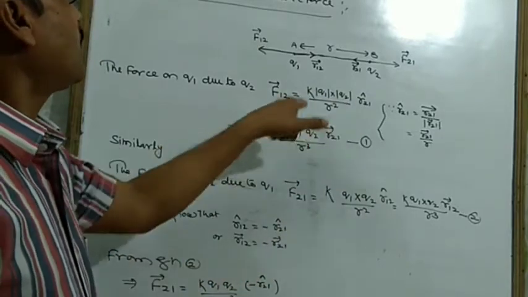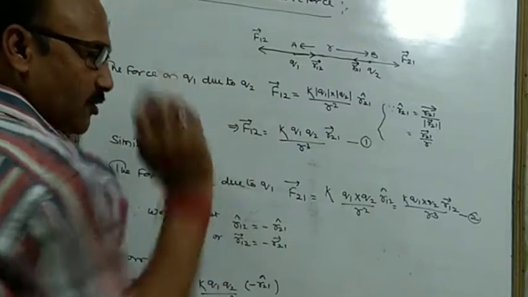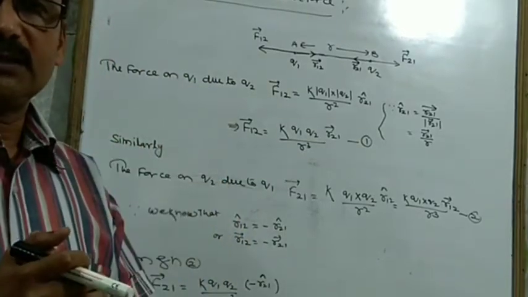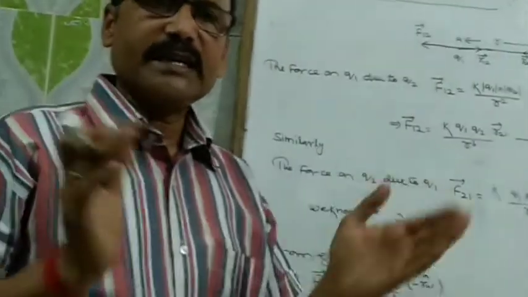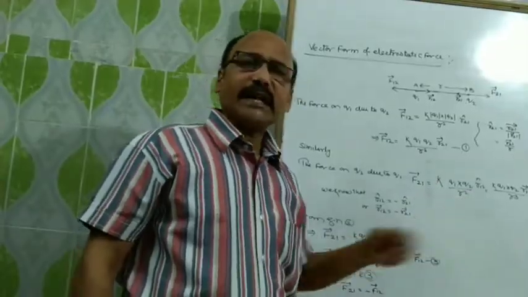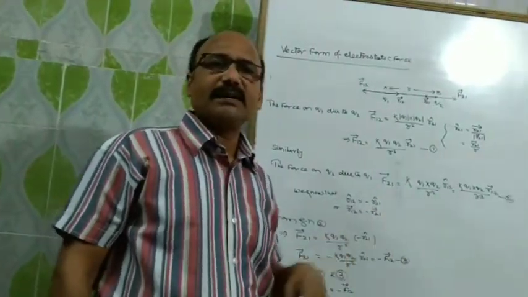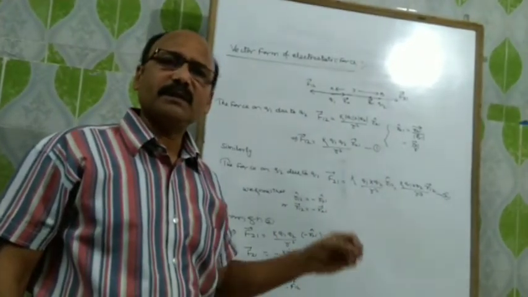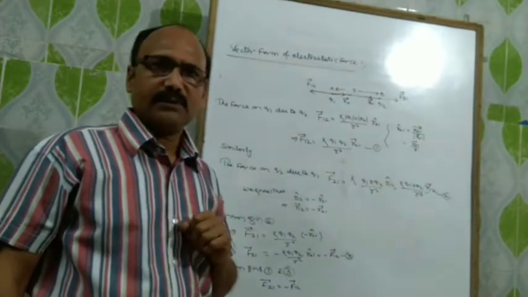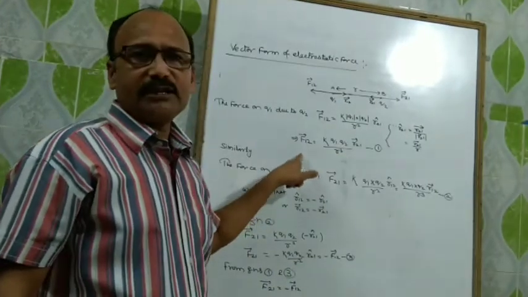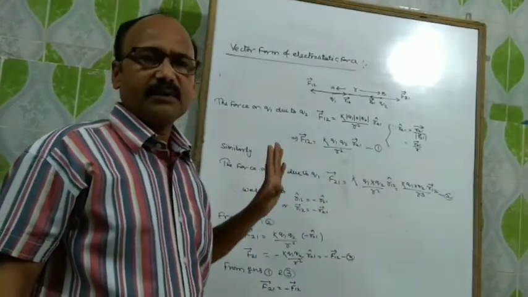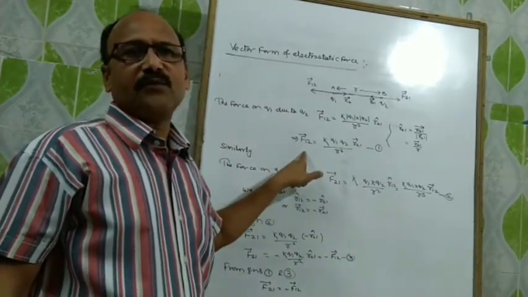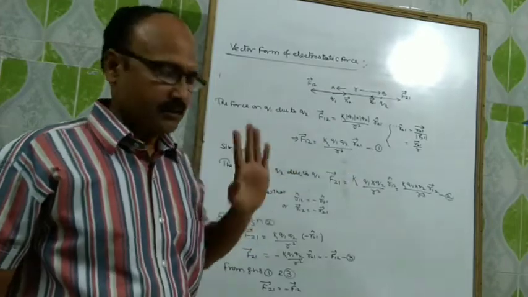If one charge is positive and the other is negative, their product will be negative, or that force will be attractive. If both the charges are positive or both negative, the product will be positive and the force will be repulsive.